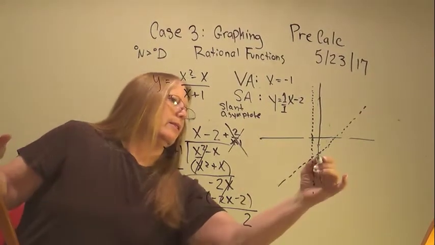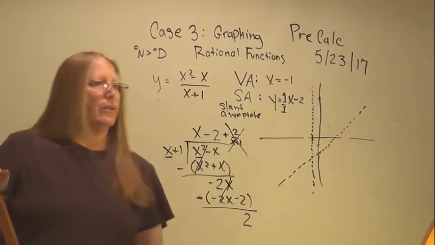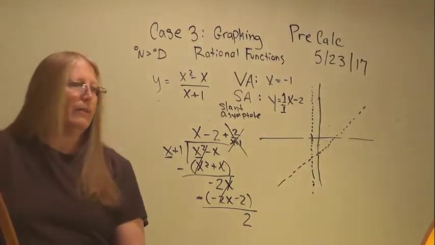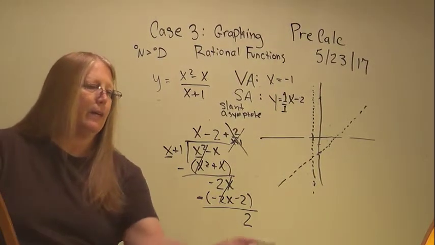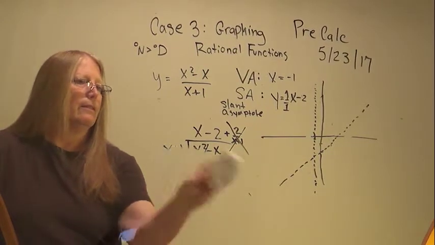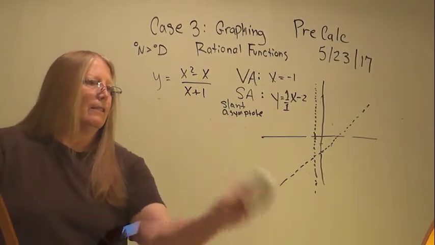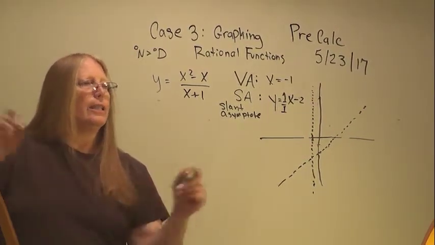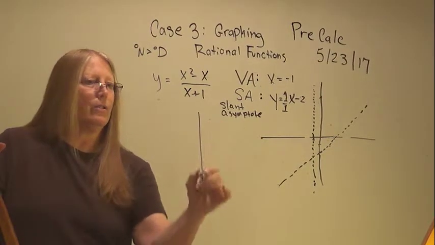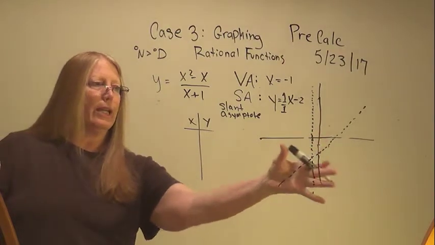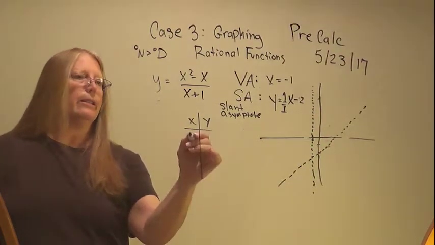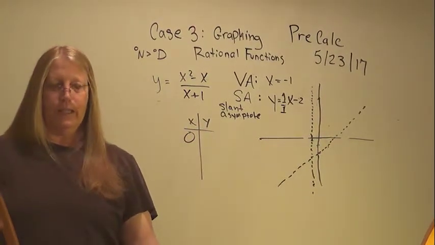Alright, so let's see which one it is. In order to tell which one it is, let me get rid of my division. If you still need it, take a pause. And what we're going to do is just do 1 point on our sissy chart. Since we know it's either this or that, let's just do when x is 0. That's usually the easiest one to find.